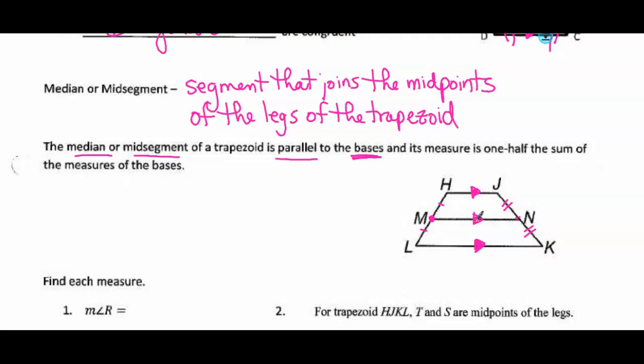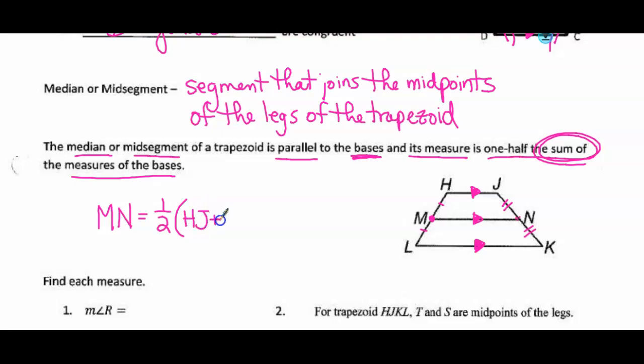It says the midsegment, its measure is 1/2 the sum of the measures of the bases. So there's two approaches to this. One is saying MN, which is your midsegment, is 1/2 of base HJ plus base LK.